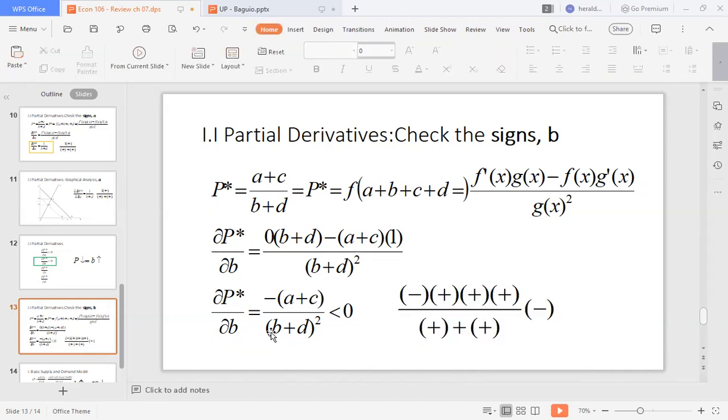Again, we are guided here with our assumptions that we made earlier. B and D are positive, all the parameters are positive, but your numerator here is a negative. So that means that the total effect is a negative.